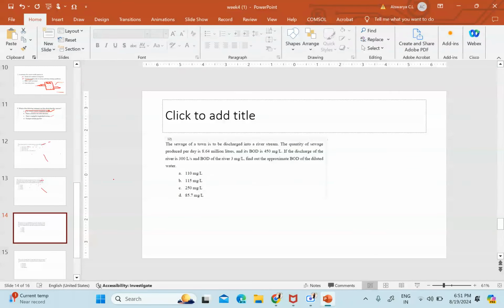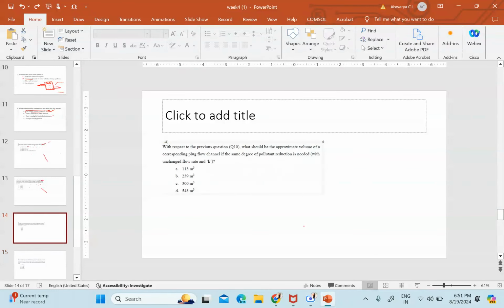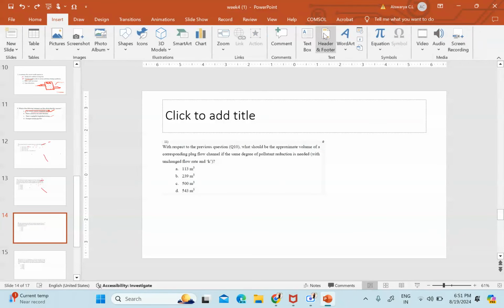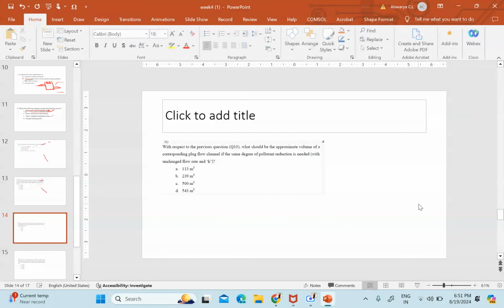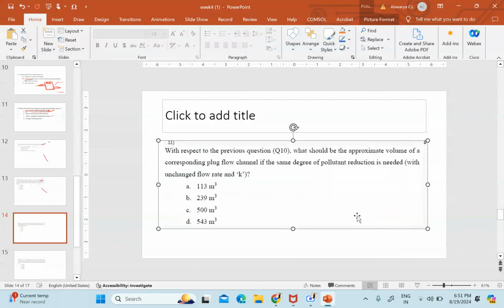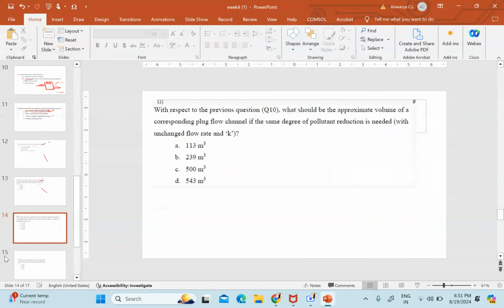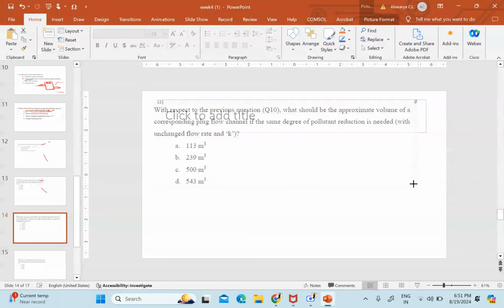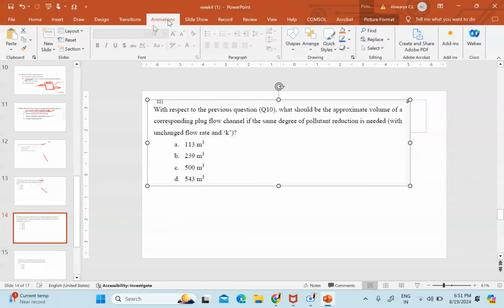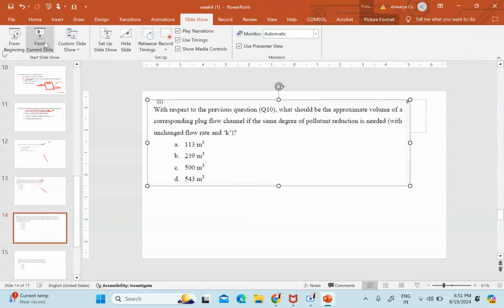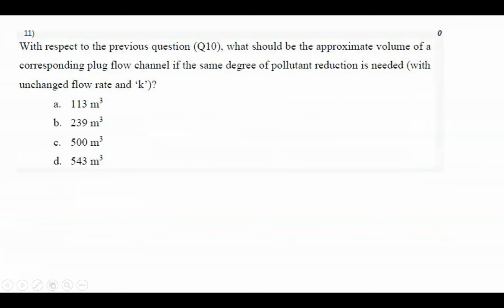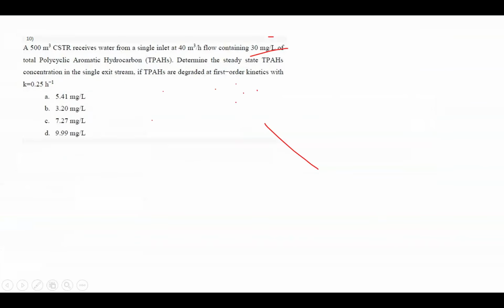My screen is in the writing mode, that's the reason. Okay. Yes, now it's visible, right? Okay.